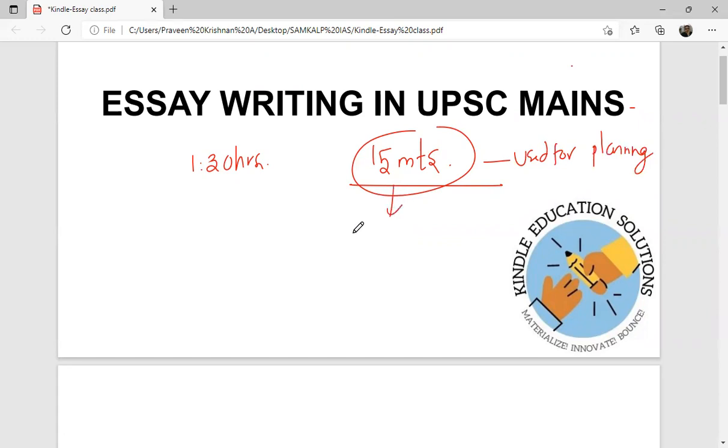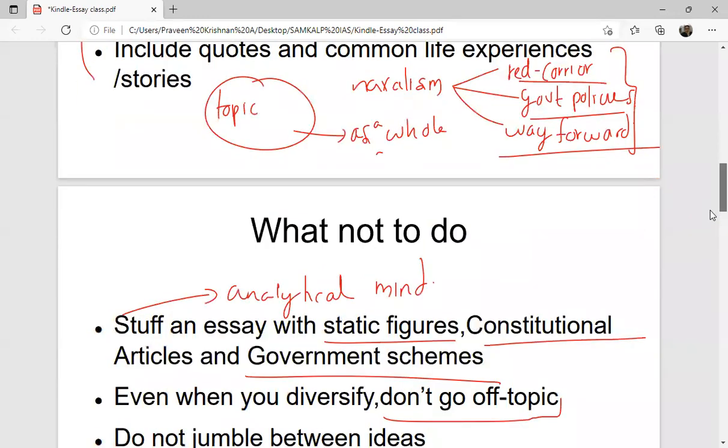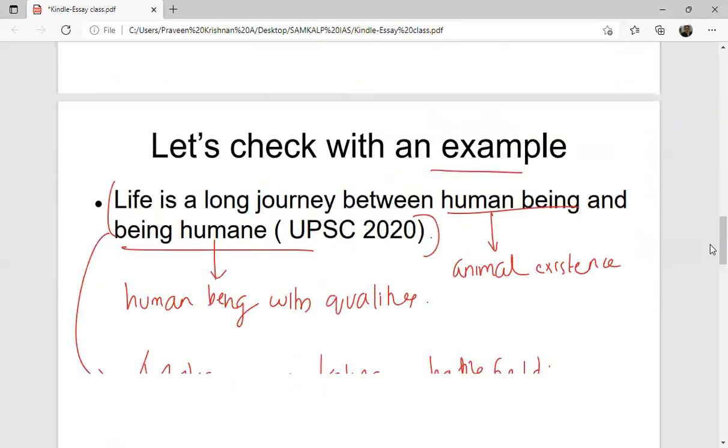In the first 5 minutes, you should come up with a logical flow of the essay, and in the next 10 minutes, within the logical flow, you will develop multiple perspectives. This is roughly a time division that you can follow.